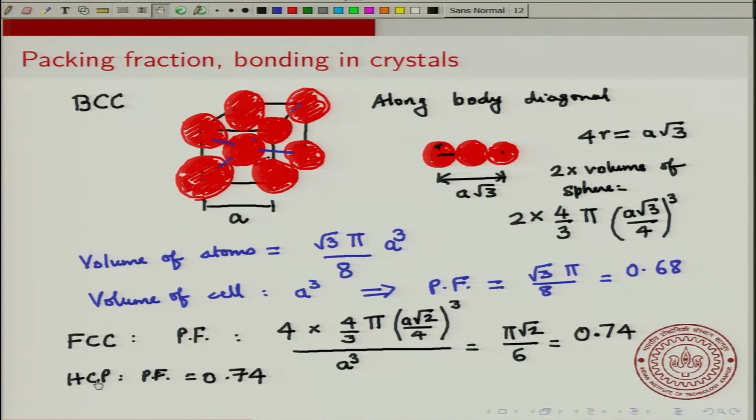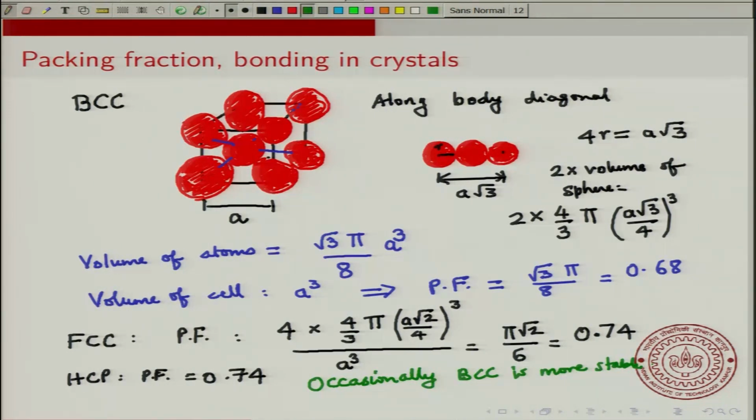This is a reason that, though based on the packing fraction you would expect that most structures would be FCC and HCP, and that is correct, you do occasionally find BCC structures to be more stable. What I mean is that you see the element forming the BCC structure instead of the FCC or HCP structure.